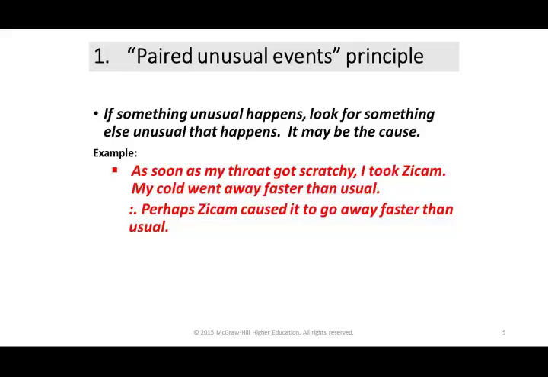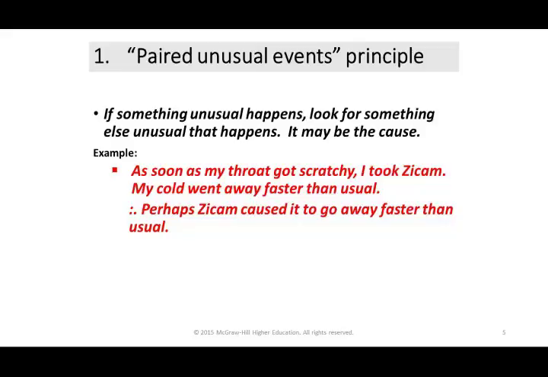So the paired unusual events is this: if something unusual happens, now imagine everything's going normal and then boom, something unusual happens and you go, what caused that? Now you're going to look for something else unusual that happened that would have caused that. Okay? Everything is normal, everything's going good. Wow, that's unusual. What else is unusual? What other particular thing is unusual that may be the cause?